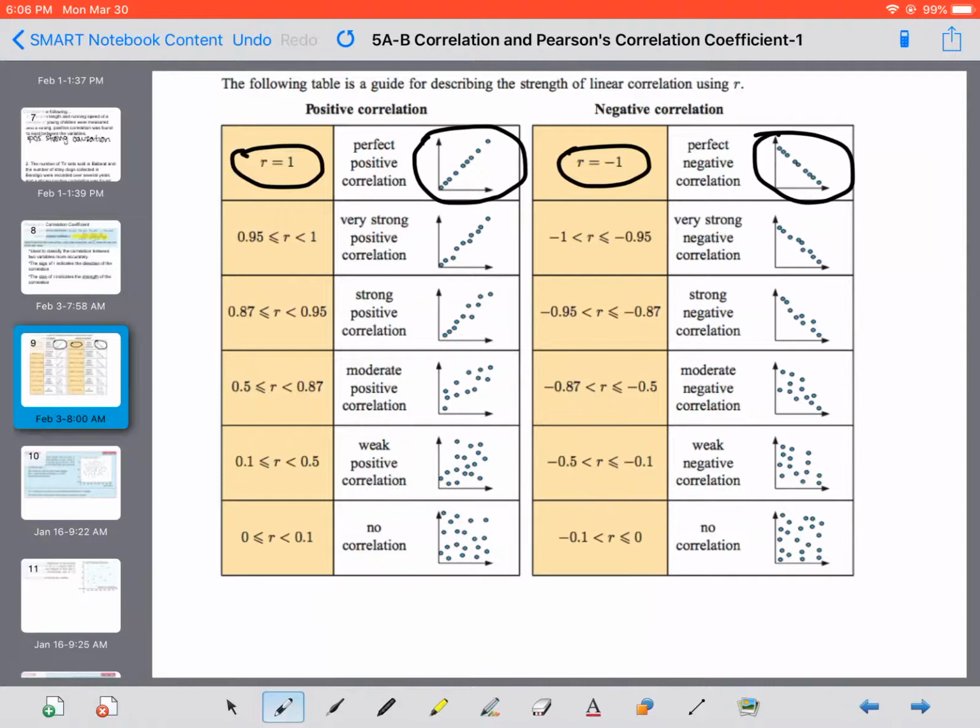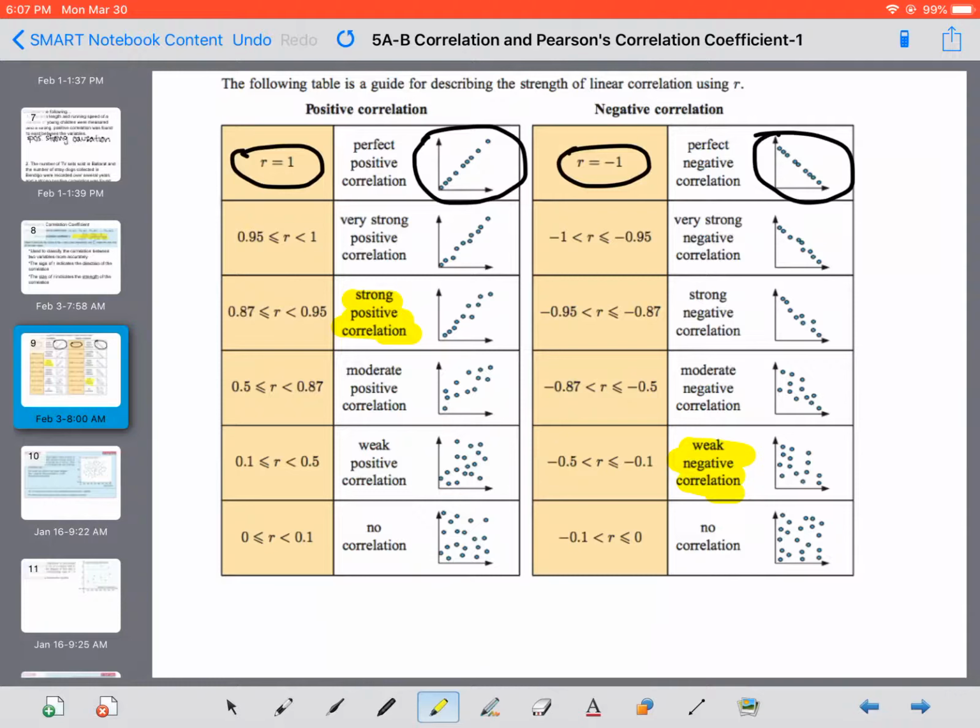And then you can look through and see the range in which your R value has to be, and how you would describe it. So for example, if I fell in the 0.87 to 0.95 range, I would label that as a strong positive. If I fell between -0.5 and -0.1, I would label that as a weak negative. Those are just ways for you to describe it when asked.